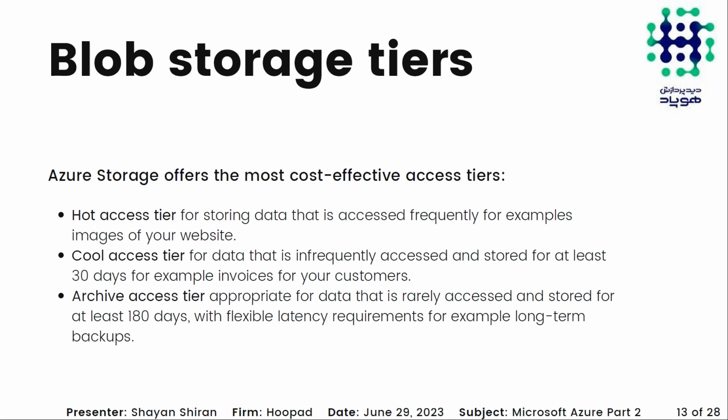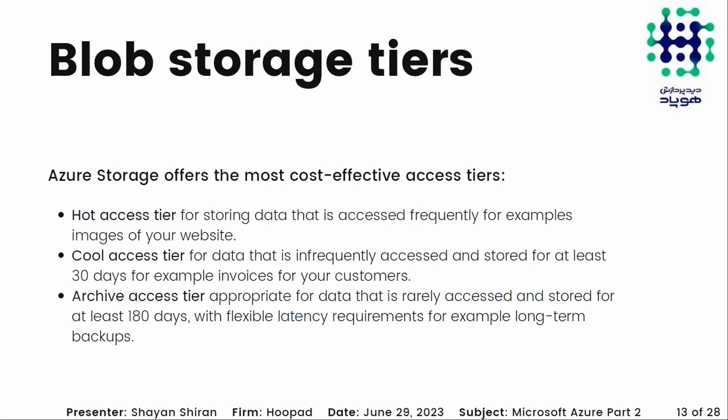The cool access tier is for data that is infrequently accessed and stored for at least 30 days, for example, some invoices of your customers. And the last one is the archive access tier. It's appropriate for data that is rarely accessed and stored for at least 180 days with flexible latency requirements, for example, long-term backups.